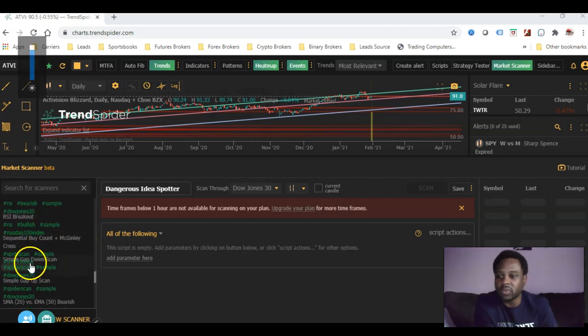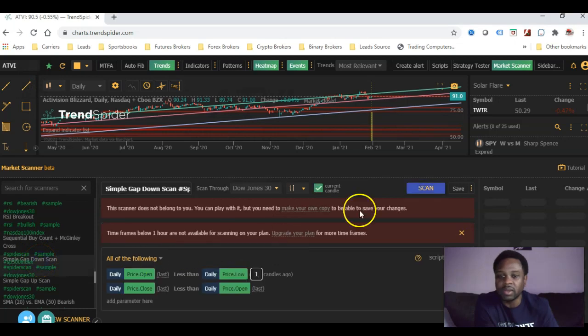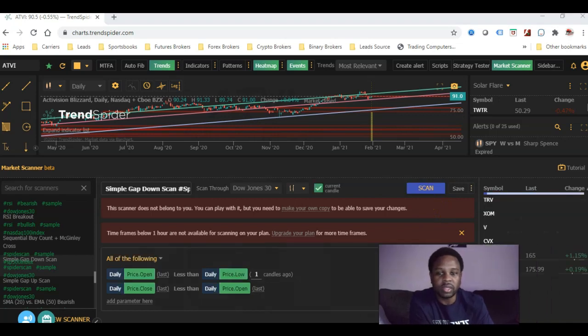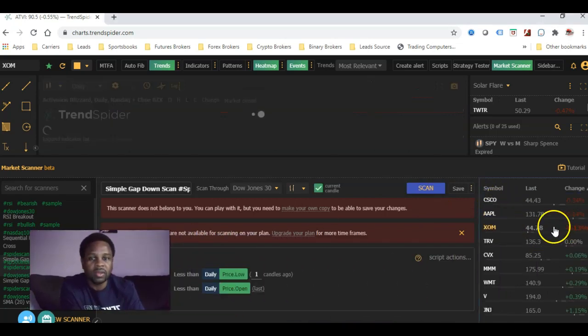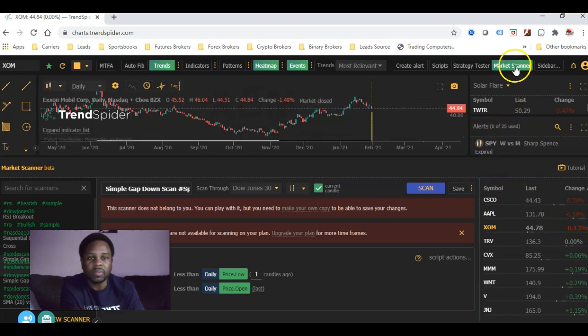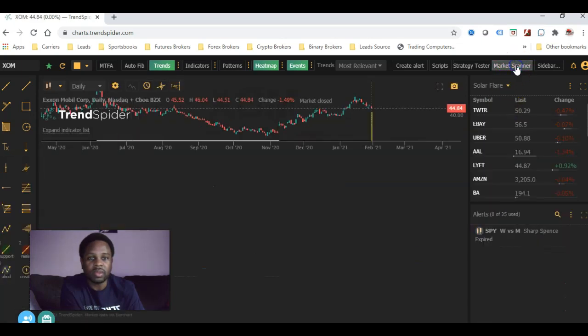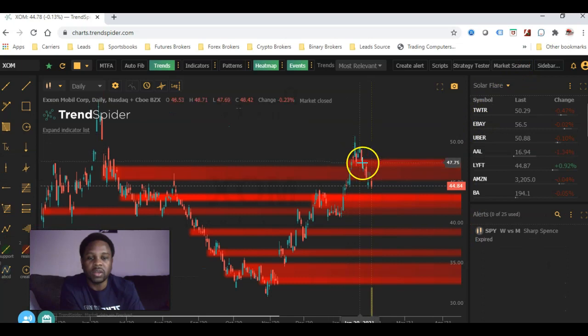Which makes it really good. So a simple gap down strategy that you can do. Let's see, all of these particular pairs are gapping down. What's this? Exxon Mobil. Take that away. Look at the chart. See that's gapping down. So you can kind of play with that as well in there.